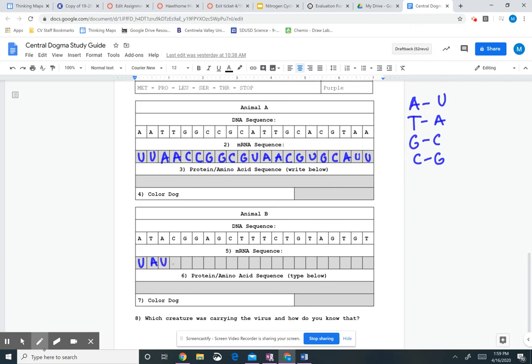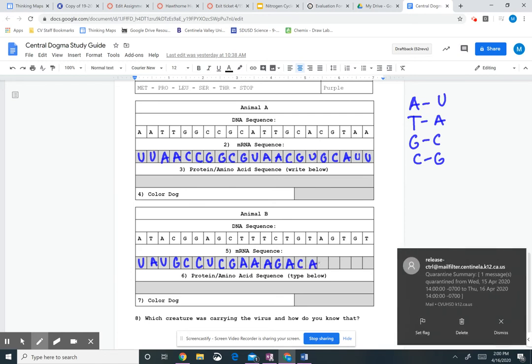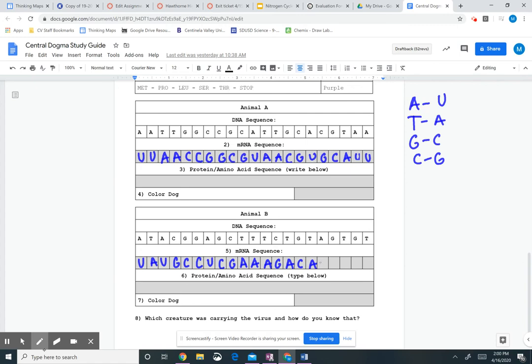So that is a U, a G, a C, U, C, G, A, G, an A, C, A, U, C, A, C, A. Those are all the different letters.